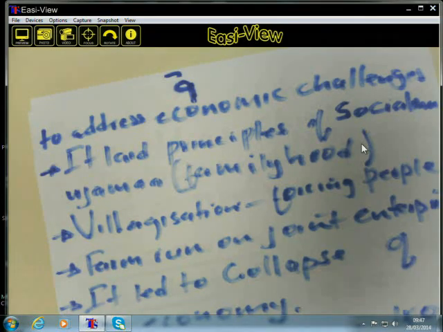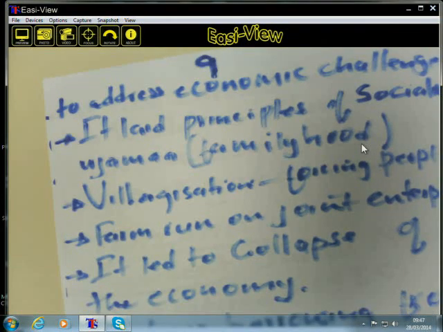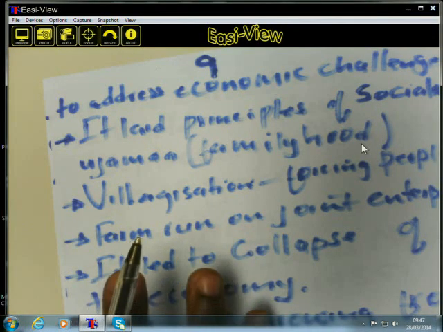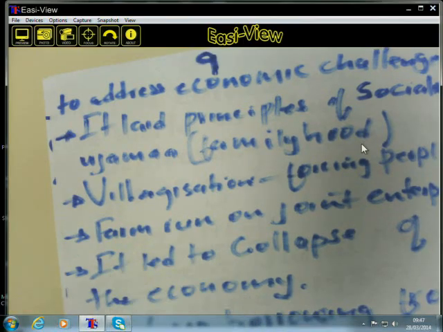The principles of the Arusha Declaration were that peasants should just be the workers. The state officials should not do any extra work outside the government.